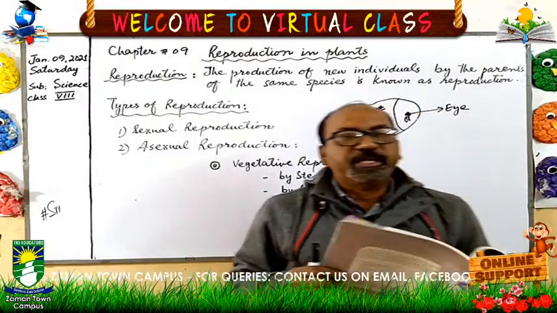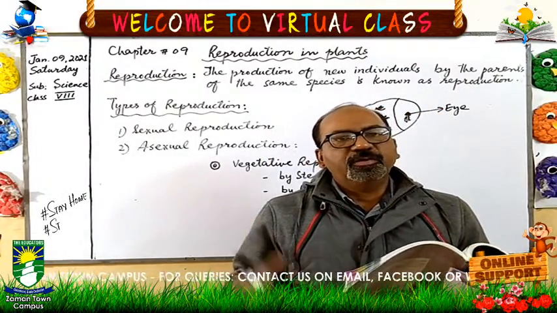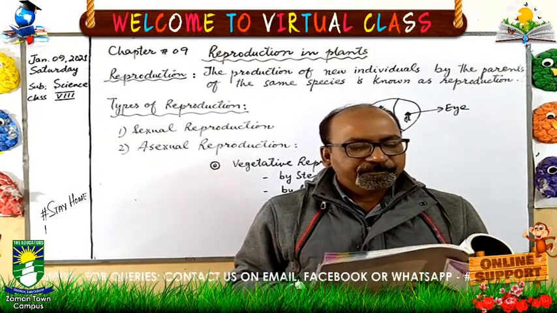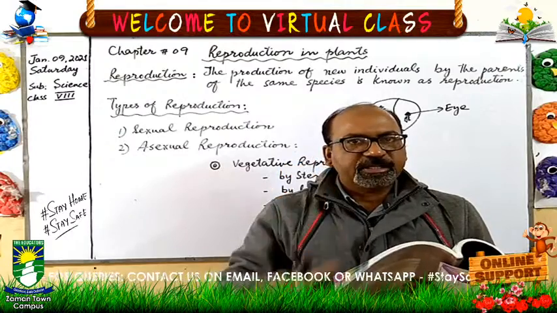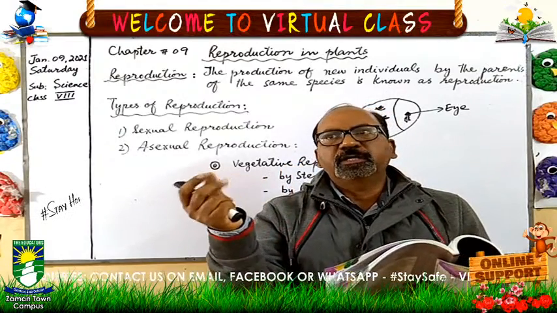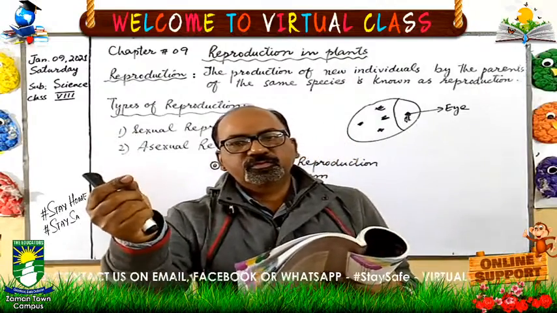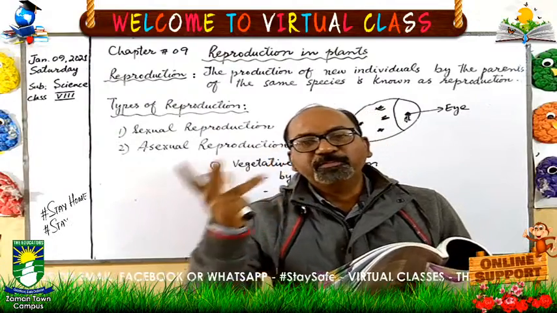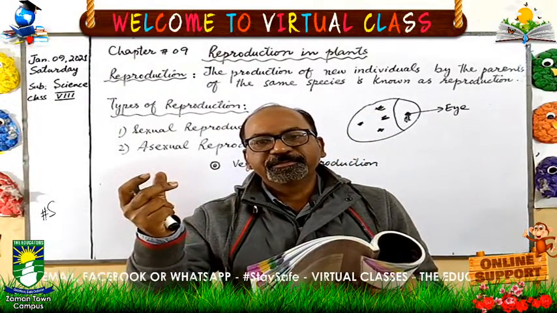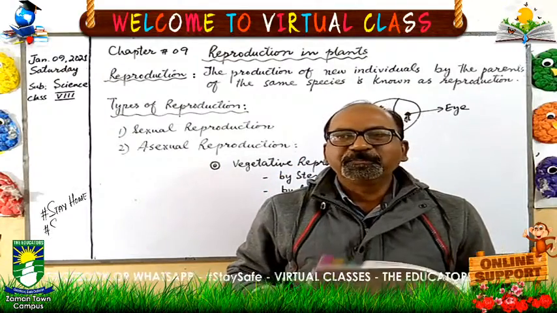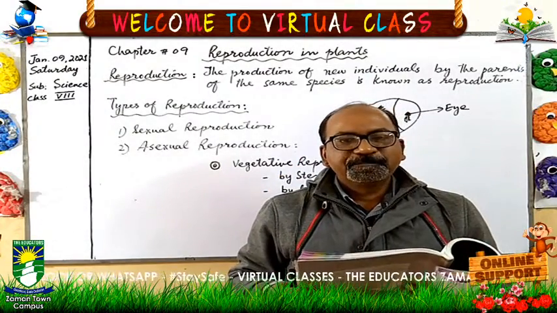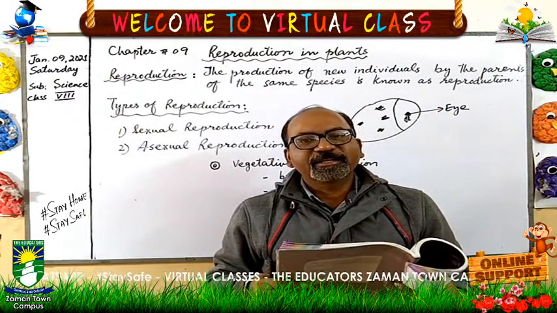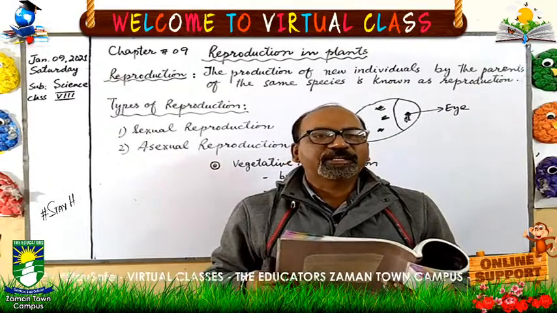Plants like sweet potato. Sweet potato, you have seen, like chukandar. Sorry, beetroot is chukandar. Sweet potato is Shakarkandi.